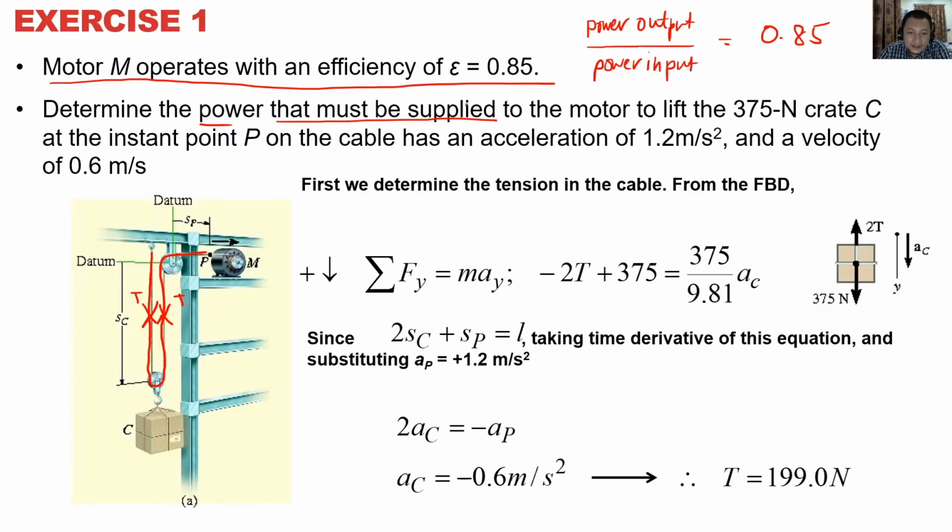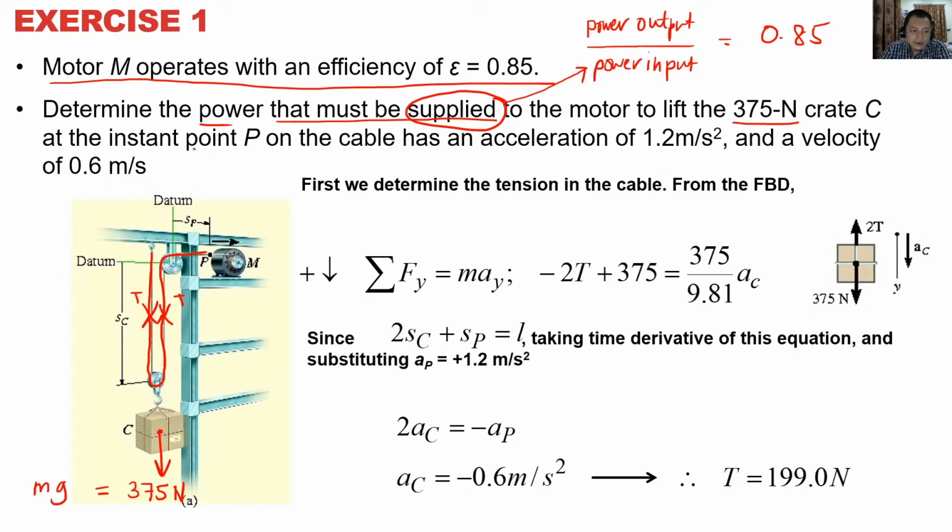So if it is supplied, it is the power input to the motor to lift the 375 Newton crate C. So this thing weighs 375 Newton. So 375 meaning it's already mg.